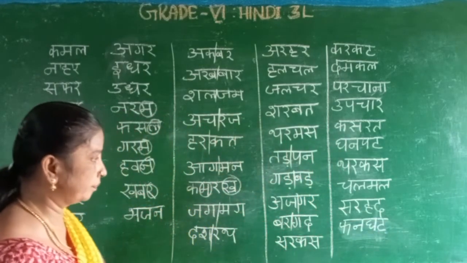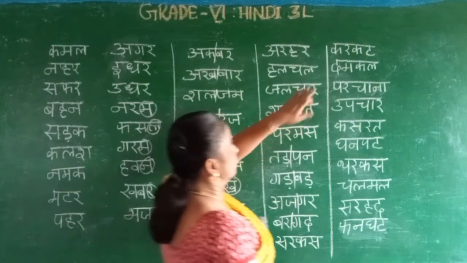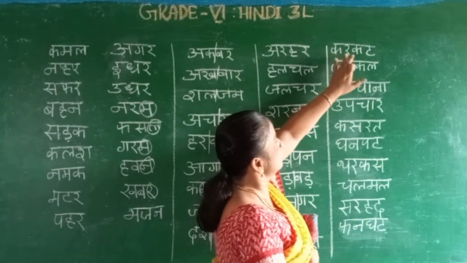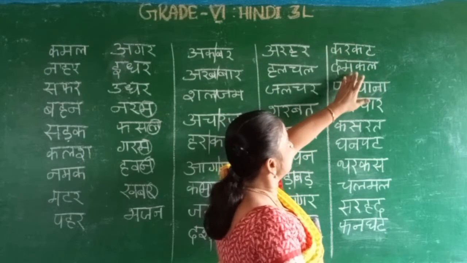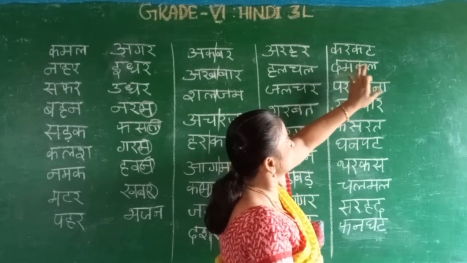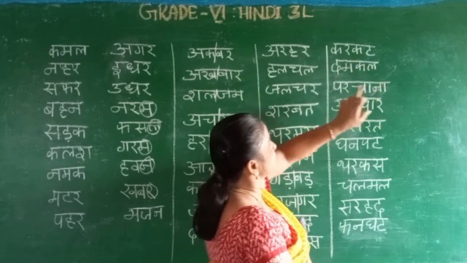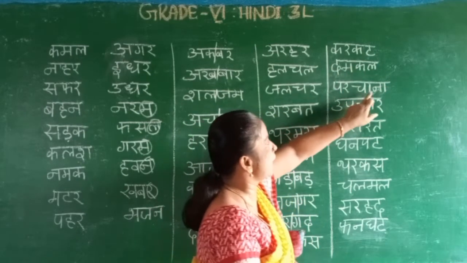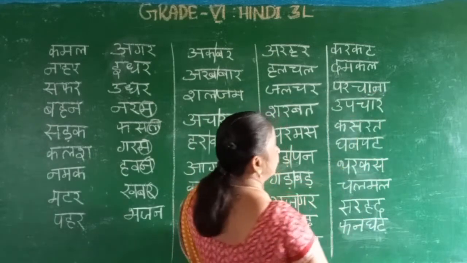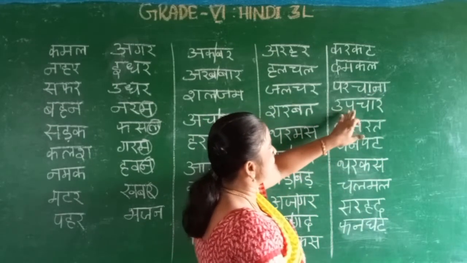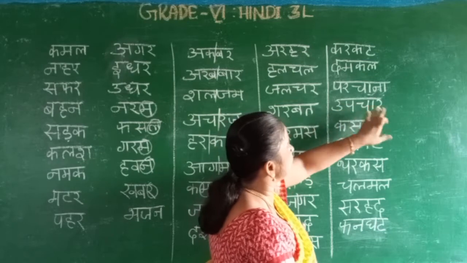Now listen. Ka, ra, kar, ka, ta, kat, karkat. Da, ma, dam, ka, la, kal, dam, kal. Pa, ra, par, chana, parchana. Here a matra sound is there. Upa, cha, ra, upchar.